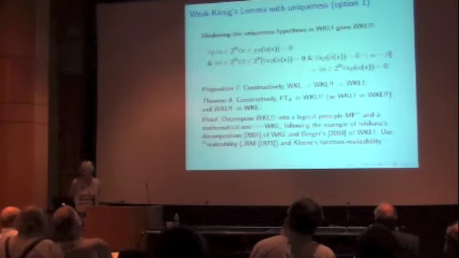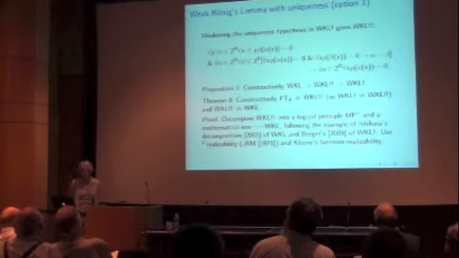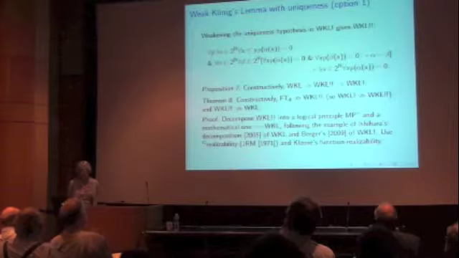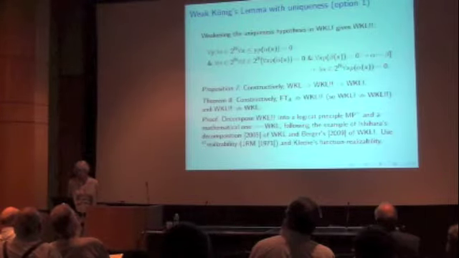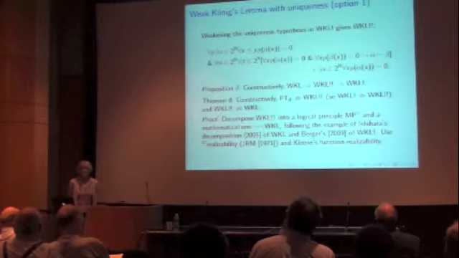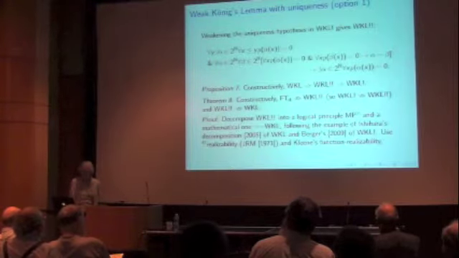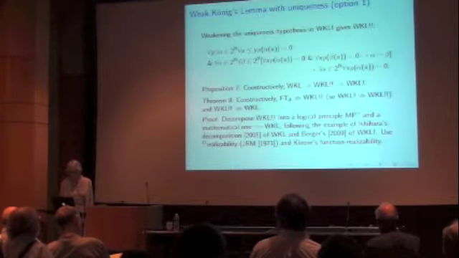Then one shows that WKL W-unique is not G-realizable. The fan theorem is G-realizable. WKL W-unique is realizable, but WKL is not. Okay? So that gives a neat separation using known realizability notions.